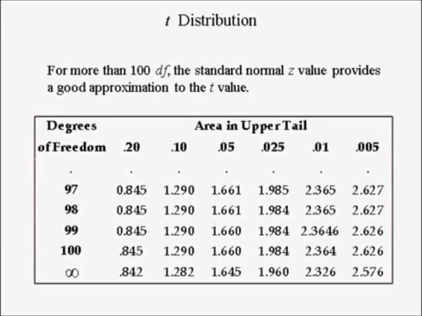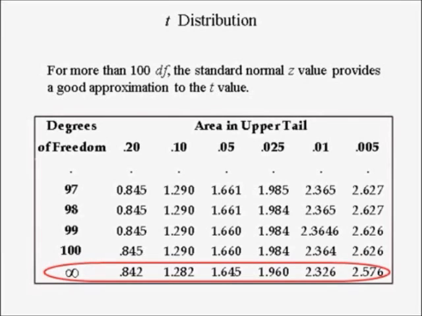In fact, the final row of the t-distribution table, which is located in the appendix of most textbooks, is identified by the symbol of infinity in the degrees of freedom column. This row contains t-values. These t-values are the same as corresponding z-values.